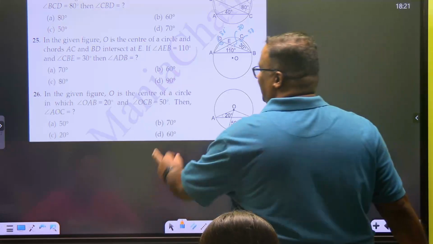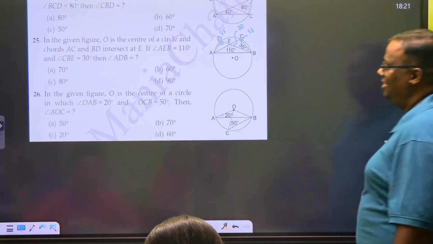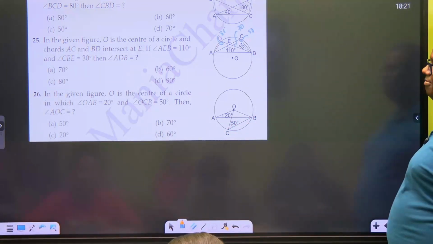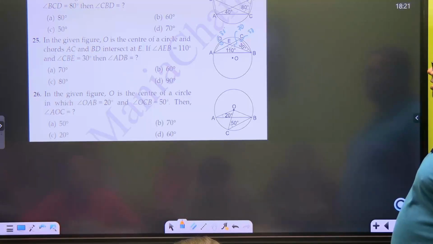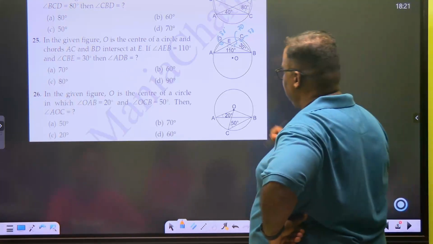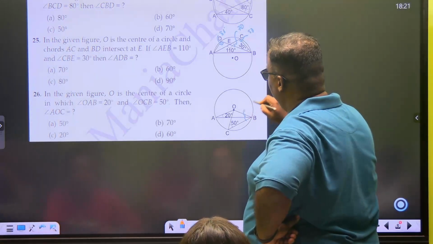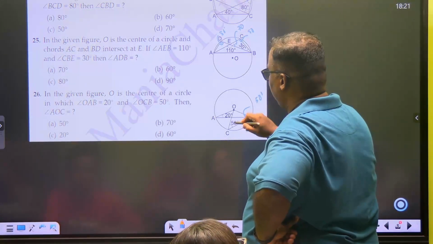Chalo. We have to find out what? Then find angle AOC. How do you find out AOC? 70. Bhutnikas, this will be how much? 50 degree. 50, 50, 100.